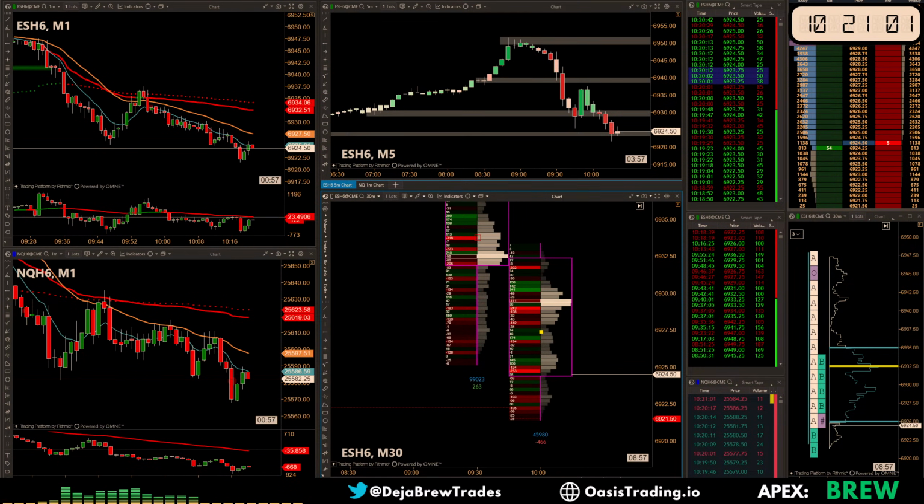Bear flag in the VWAP, it's already done. That was about 30 minutes ago.